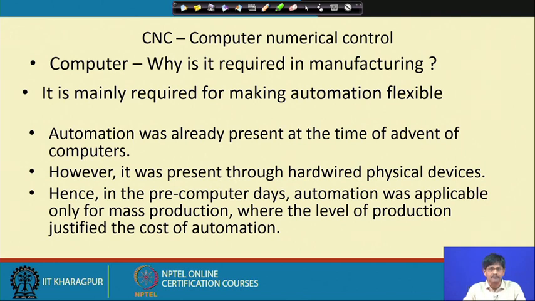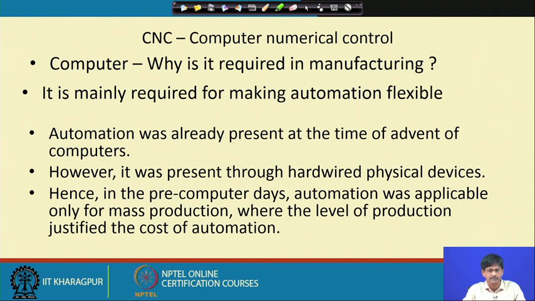But when metal cutting scientists tried to implement the economies of hard automation in case of small lot and batch production, they found that very frequently physical devices which were required in hard automation, whenever they needed to be changed, there was heavy expense incurred. So, hard automation was not totally applicable in case of small lot and batch production.